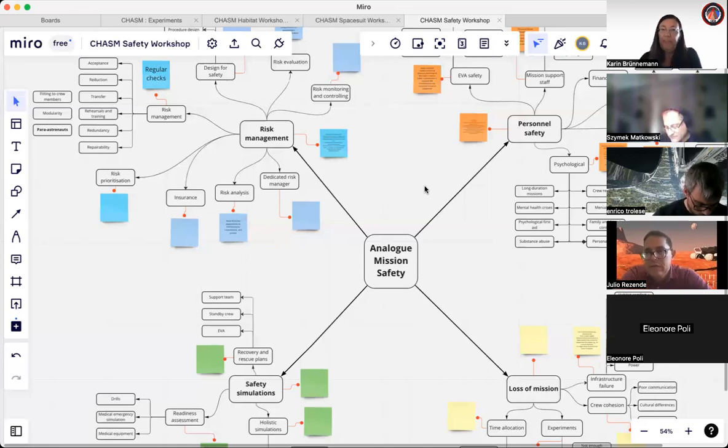Because all people who live in their homes or in their countries and travel to other places to participate in an analog mission want a different experience, but they need to come back safely to their homes, and it's very important what we are discussing here today.